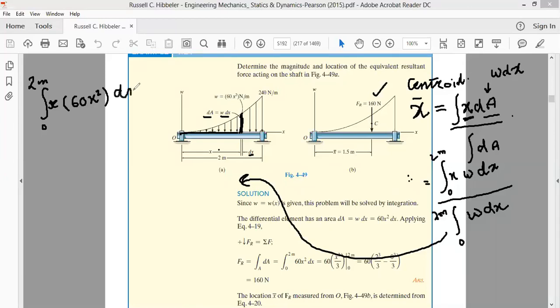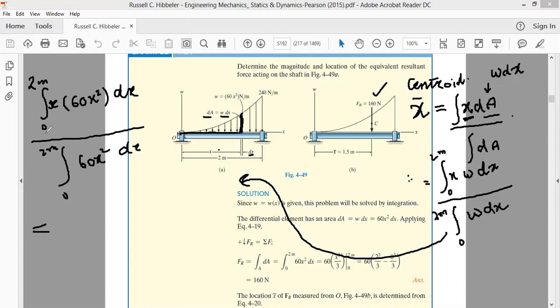So x w dx divided by integral from 0 to 2 meter of w, which is 60x square, dx.